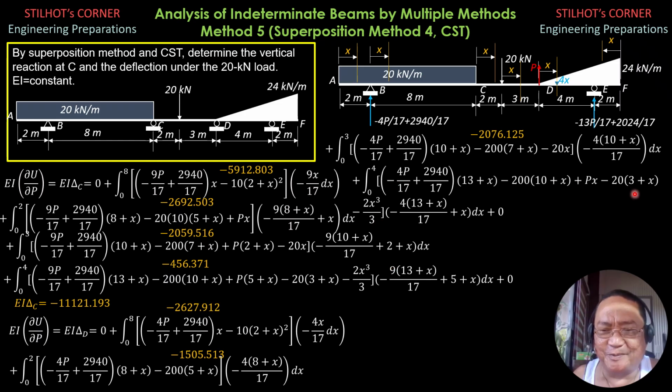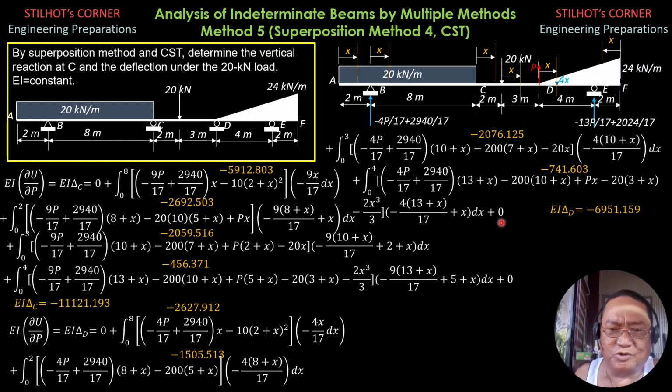The derivative of this moment equation with respect to P is negative 4 quantity 13 plus x over 17, then plus x, because we have Px here. So dx, the value of this integral after we set P to 0 is negative 741.603.